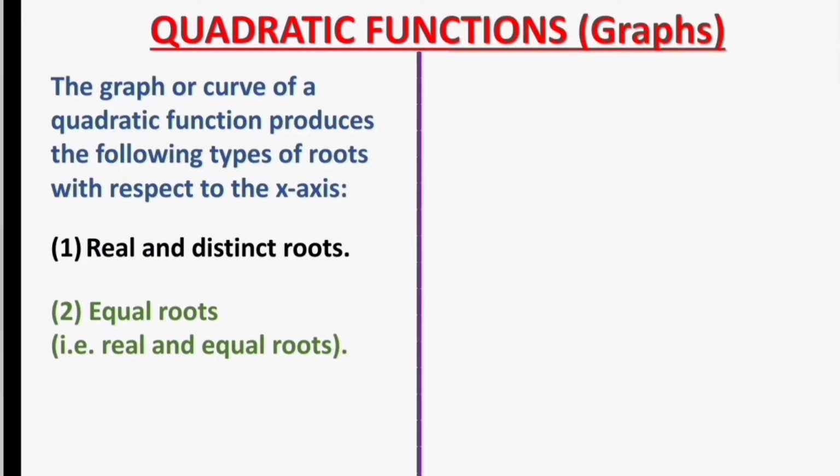Number 2 type of roots are the equal roots, that is, the real and equal roots. While the number 3 type of roots are the imaginary or complex roots. Please take note of these 3 types of roots that a quadratic function can produce.